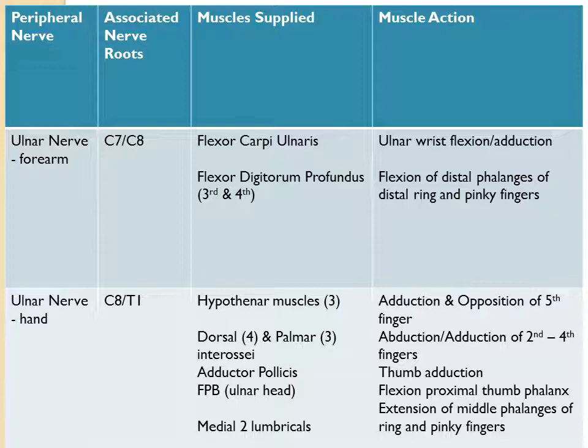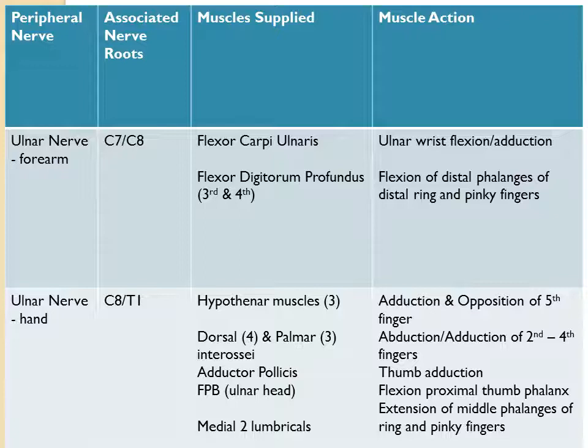The dorsal and palmar interossei muscles cause abduction and adduction of the second through the fourth fingers, and the dorsal interossei are the abductor muscles. The palmar interossei are the adductor muscles of the second through the fourth fingers.